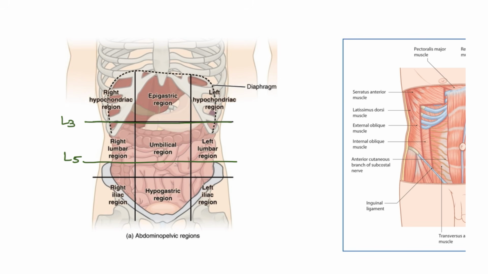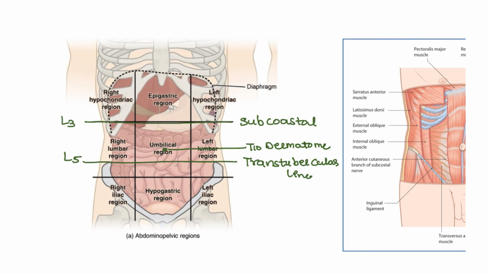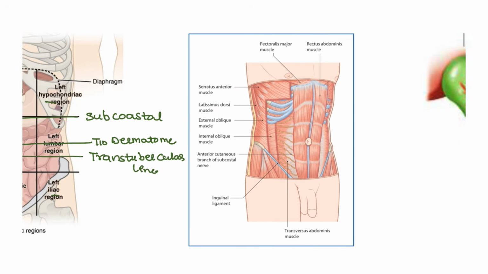So this is going to differentiate between all the quadrants of the abdomen. And this line is the subcostal line, and here this is the transtubercular line. And the umbilicus is the T10 dermatome. And the regions you all know: hypochondriac, lumbar, and umbilical region, iliac, hypogastric, and the iliac region, right?